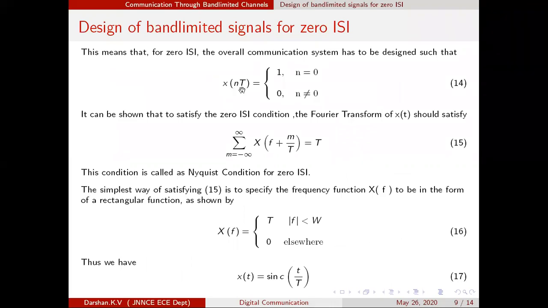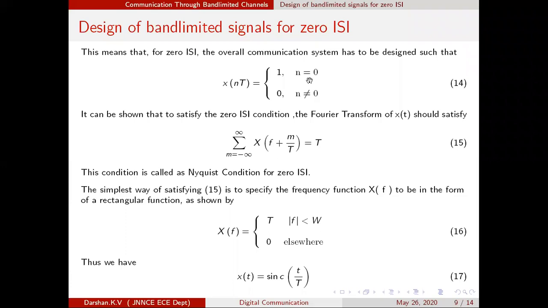This refers to samples of x of t. X of nt means samples of x of t. So except at the 0th sample, where you substitute n equal to 0, all other sample values are 0. This should be the samples of x of t, correct?